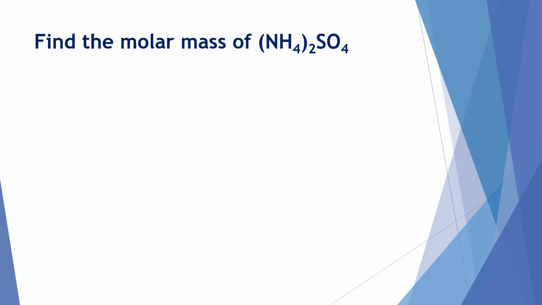Find the molar mass of (NH4)2SO4. So this one is ammonium sulfate. I'm doing this one specifically because of the parentheses. So it's 2 times 14.01, which is the molar mass of nitrogen, plus 8 times 1.008, plus S, which is 32.06, there's only one of those, plus 4 times 16.